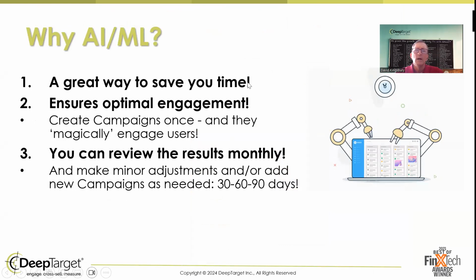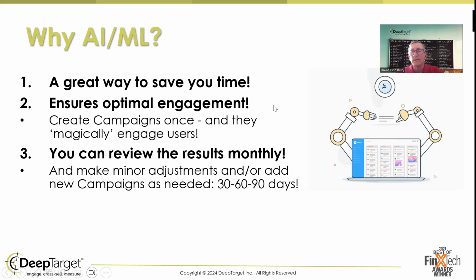The reason that you use it is it's a great way to save you time. A lot of times we pore over our data to create specific lists that we utilize. Not really necessary anymore. There are use cases certainly where you want to create lists, but the majority of the time you can let our predictive model campaign type do that creation for you.